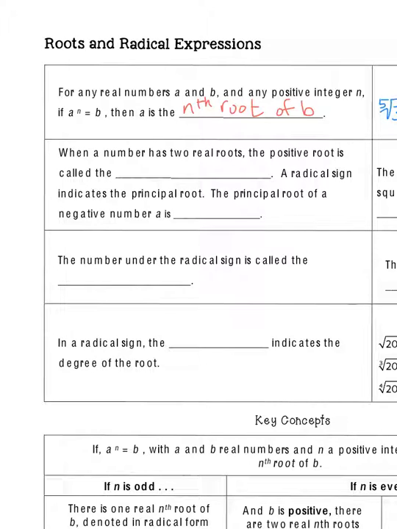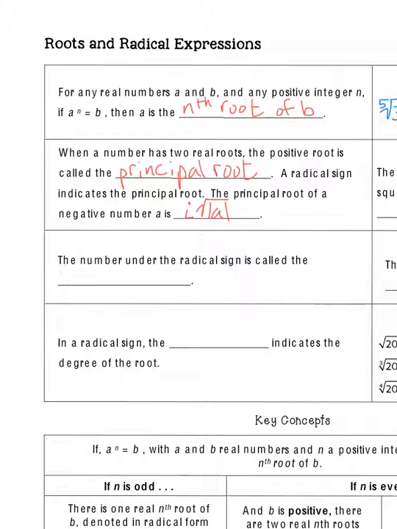So for this one, when a number has 2 real roots, the positive root is called the principal root. A radical sign indicates the principal root. The principal root of a negative number a is i times the square root of the absolute value of a.